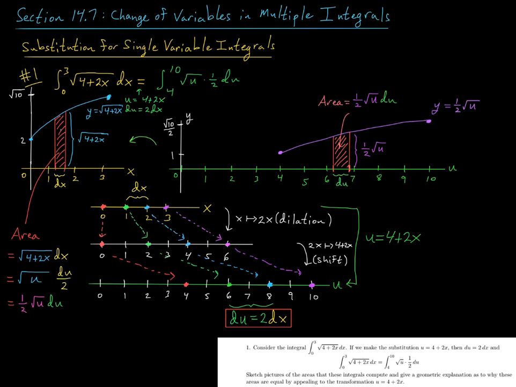And so now looking at the area of this strip, which is just the product of the root of 4 plus 2x and dx, well, the fact that we're replacing 4 plus 2x with u, and through this relationship with lengths on the x-axis and lengths on the u-axis, dx would be half of du. Moving that 1/2 in front, I see that this area here off to the left is equal to this corresponding area over here.